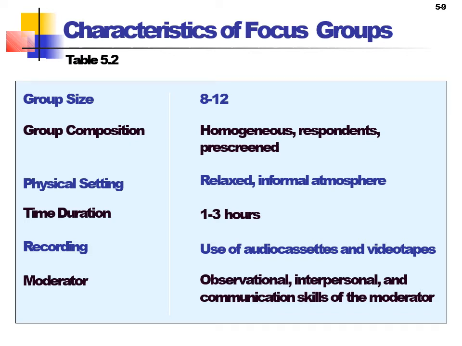Characteristics of focus group, starting with the group size, from 8 to 12 respondents. Group composition: homogeneous means consistency. بالعربي تجانس، يعني انه I'm targeting a target population and الطبيعي ان هم يكونوا شبه بعض in some features.